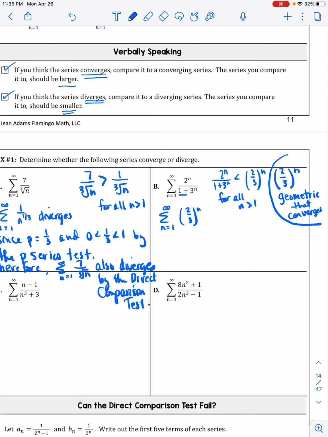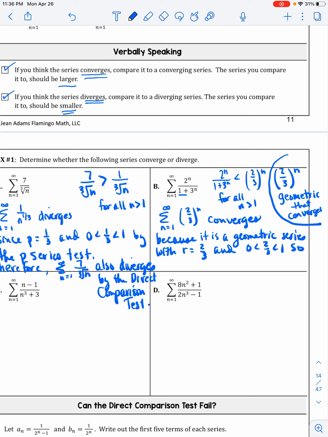So therefore, this summation from n equals 1 to infinity of my (2/3) to the n converges because it is a geometric series with r equals 2/3, and 2/3 is between 0 and 1.